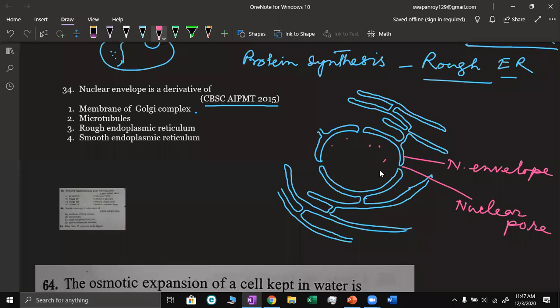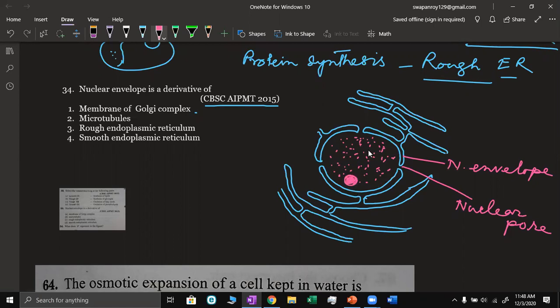Here is the nucleoplasm. The nucleoplasm contains the nuclear material, mainly the chromatin network, and also the nucleolus.